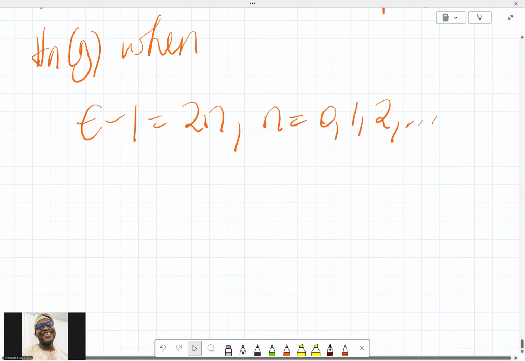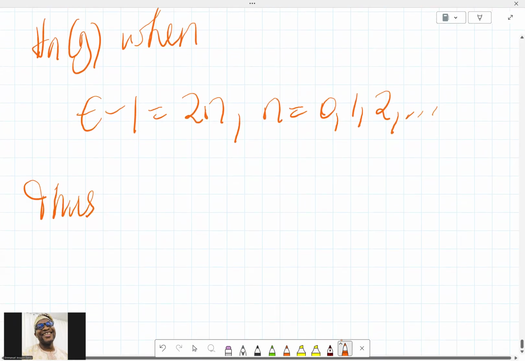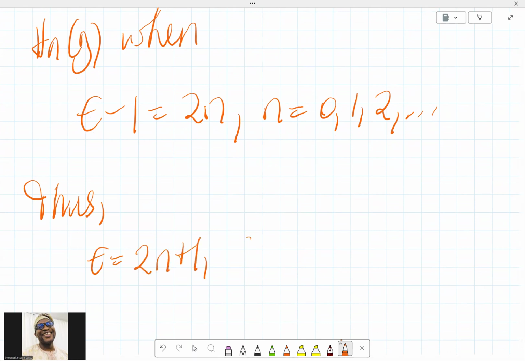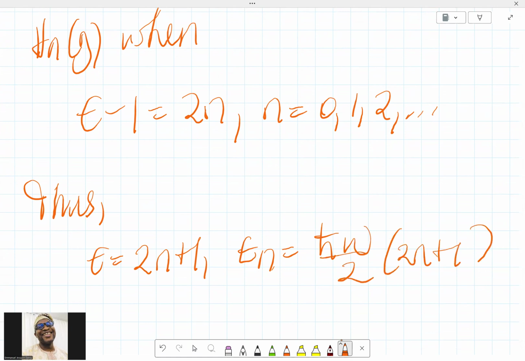Thus, epsilon is 2n plus 1, and E_n is h bar omega over 2 times 2n plus 1.